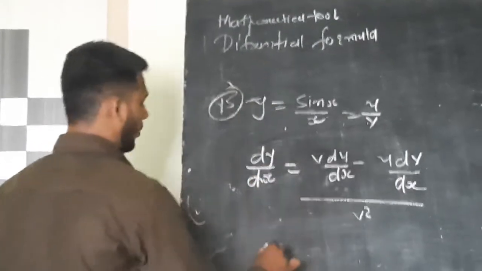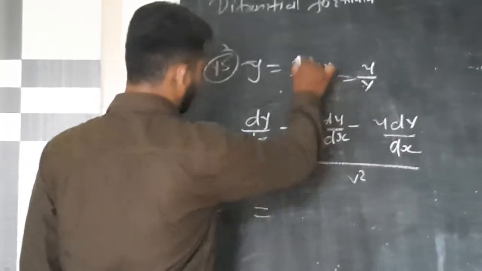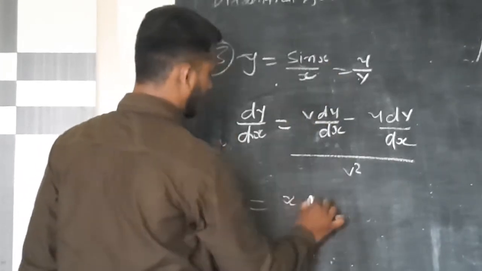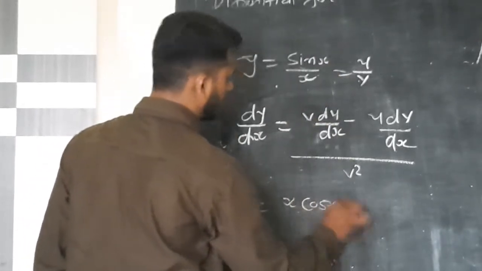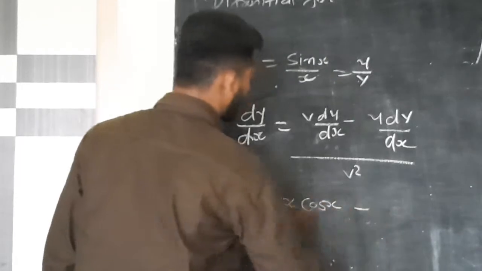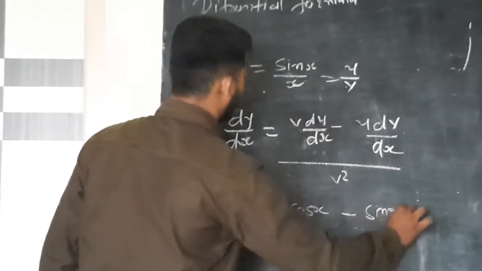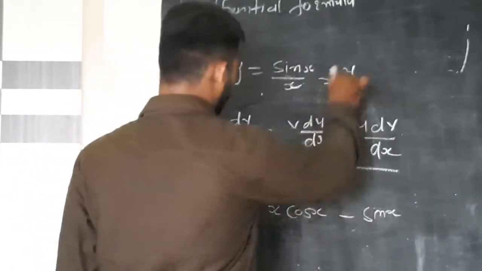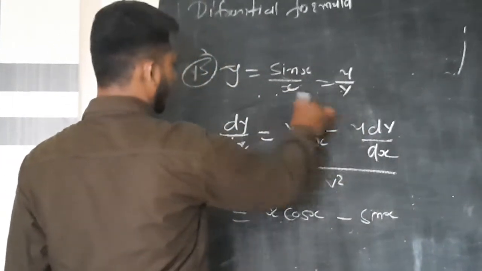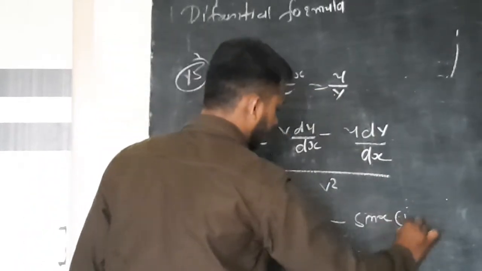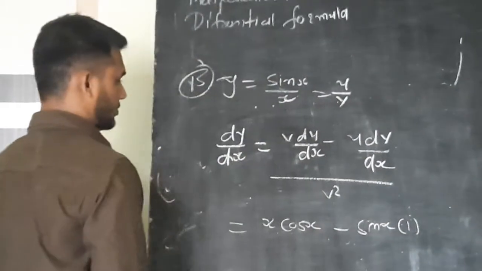So with v equal to x, we get x times cos x, minus sin x, which remains the same, times dv by dx, the derivative of x, which is dx upon dx, equal to 1.